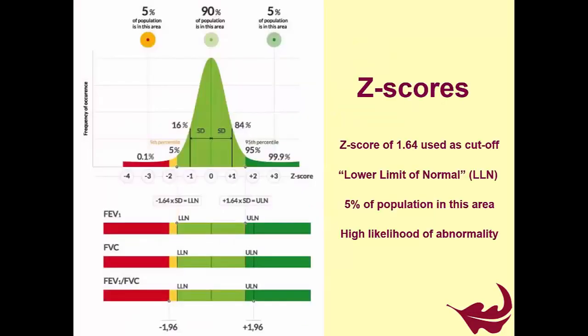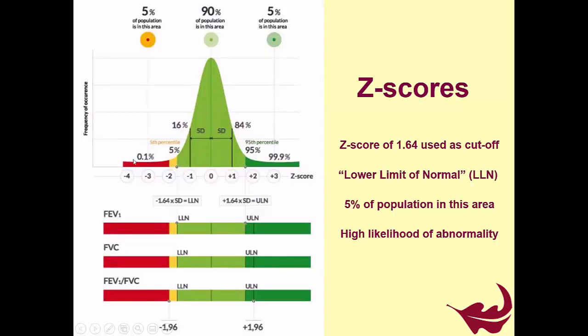When you look at Z-scores, the percentage predicted value would basically just look at this middle value, the average score. But even if you deviate significantly from this, you might still be normal. And that's why, if we use Z-scores with a cutoff value of 1.64, it would give you a value where 5% of the population would fall below.